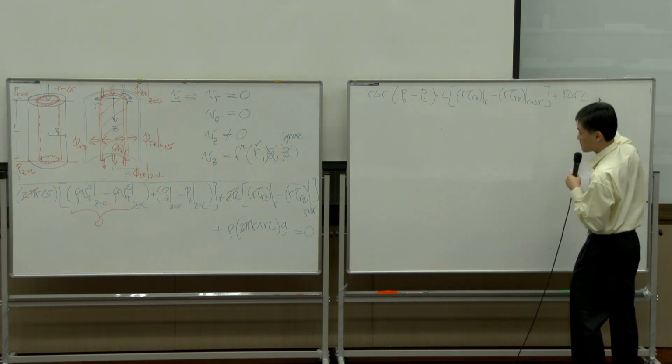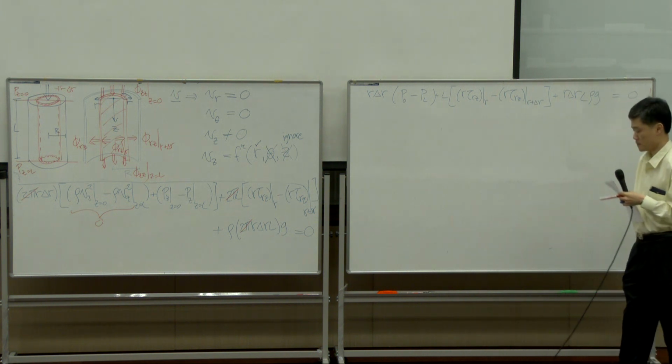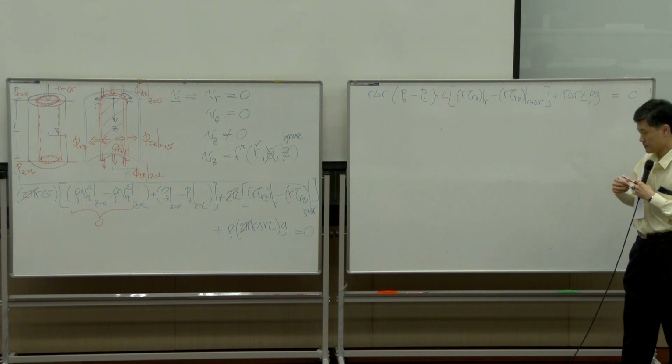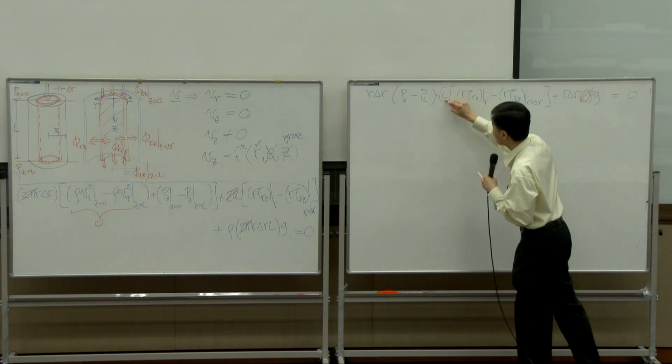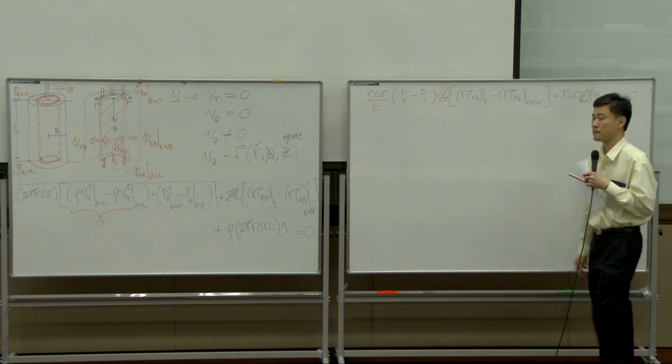L rho G 0. So if I eliminate this L, I will have L as a denominator over here.